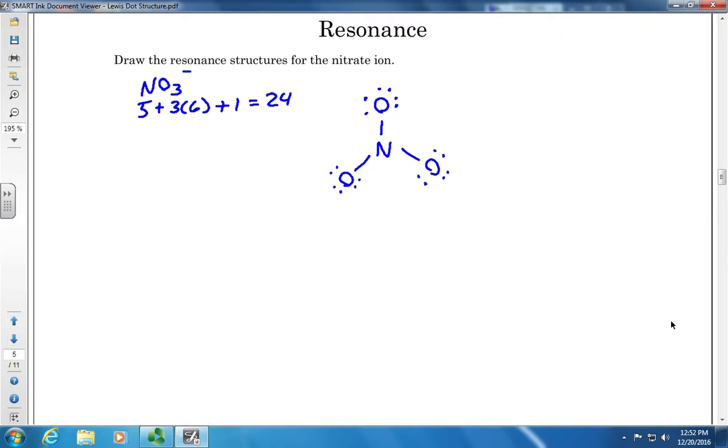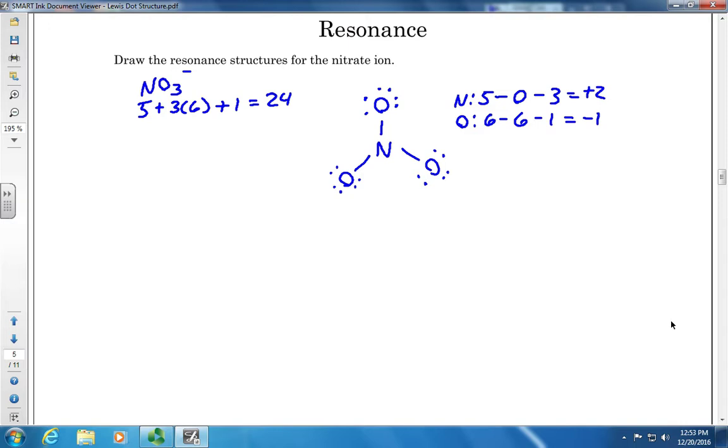For the formal charge, we have nitrogen, which starts with 5, has no free electrons on it, and it has 3 bonds, so it has a +2 charge. And then we've got oxygen, which starts with 6 valence electrons. Each has 6 free electrons and 1 bond, so that's -1.